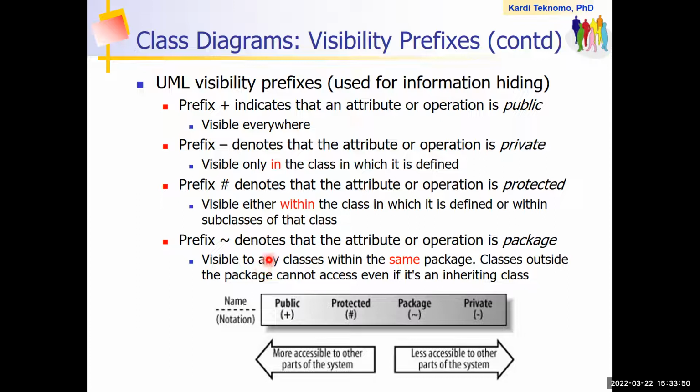Standard notation, this one. So plus means public. The attribute or the operation is public. That means visible everywhere. Minus means private. It's only local within the scope. Hash means protected. In Python, we don't have this. Tilde means the package.